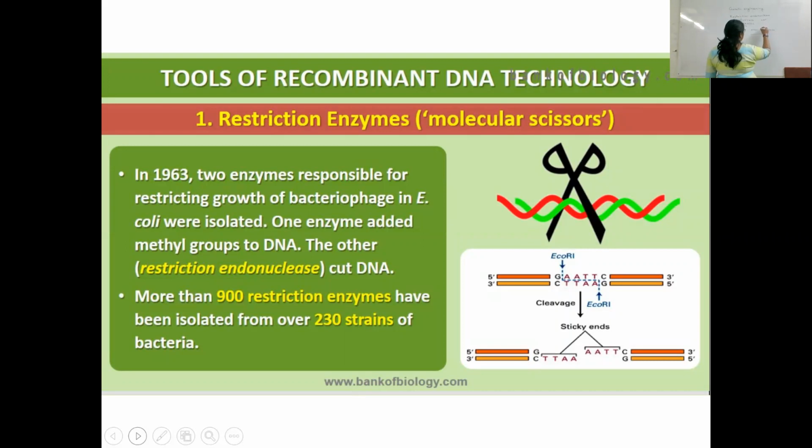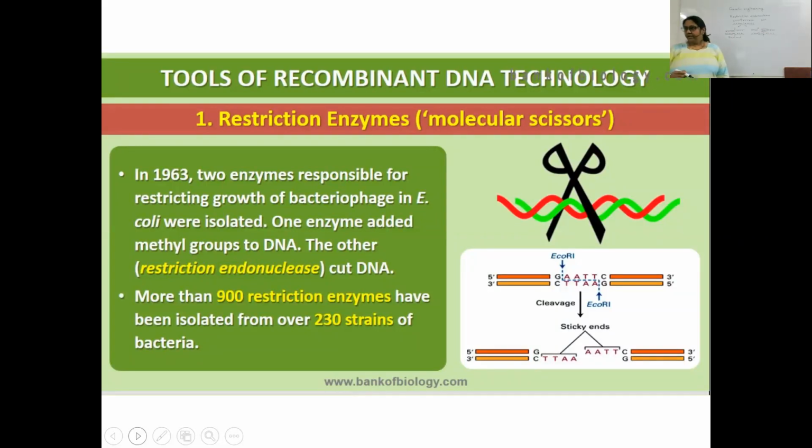So in this case, one it is cutting here, another case it is cutting here. So you can understand that here this part will be single stranded and here this part will be single stranded.